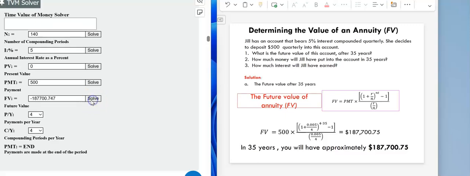I click solve here and I get this amount under future value, this number you see here, 187,700.75. So that's how you find the future value using this TVM solver.